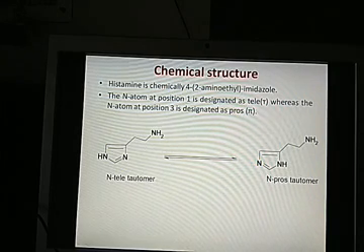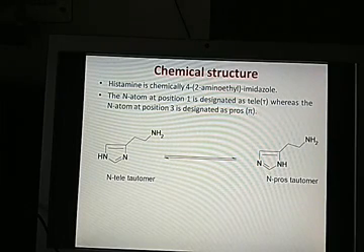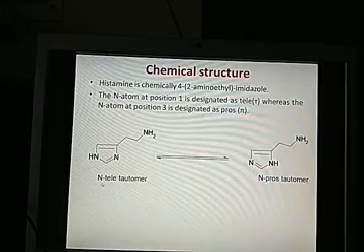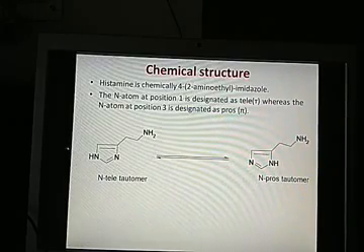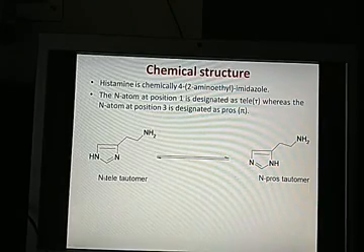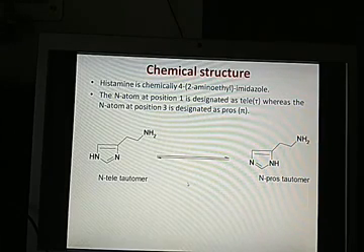So histamine can exist in two tautomeric forms, N-tele and N-pros, depending upon the position of this hydrogen. If it is present in the first position, it is N-tele. If it is present in the third position, it is called N-pros.